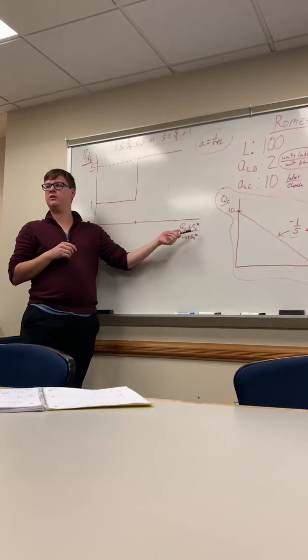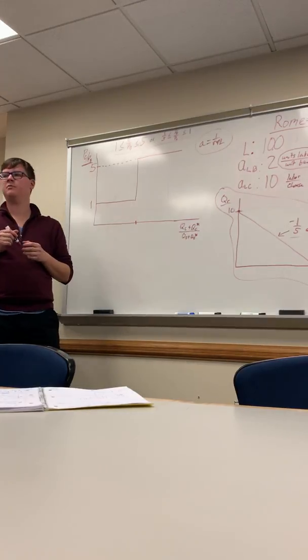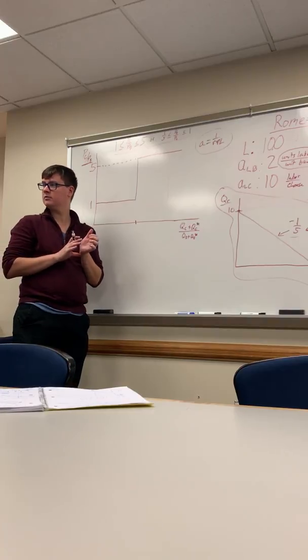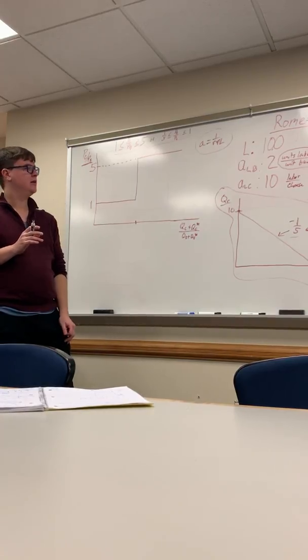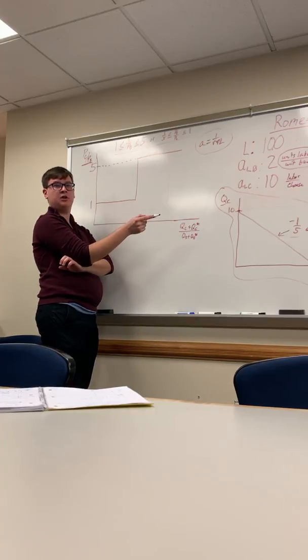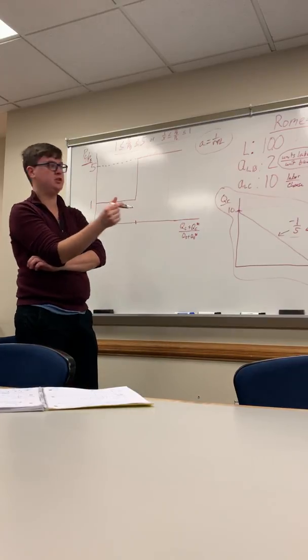Are we gonna take QC or QC star from the numerator? Why? Because of the focus. Yeah, good. So we know that for cheese, NHTSA is going to be producing our cheese because they have the comparative advantage in cheese.